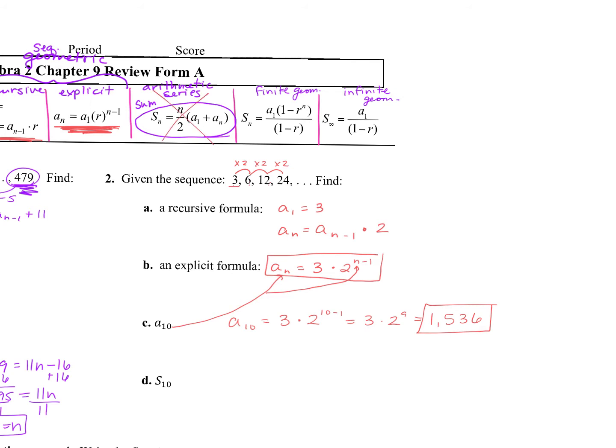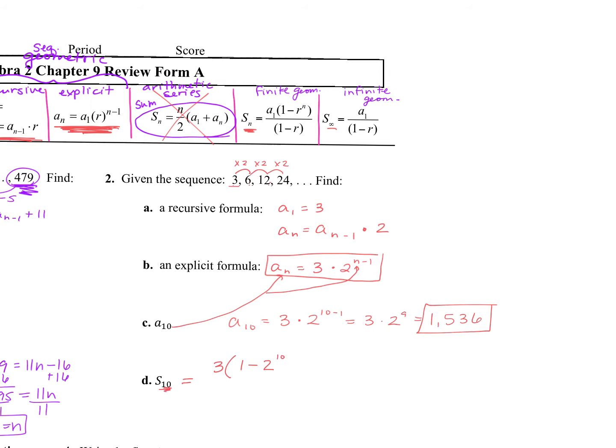Okay, now if we want the sum of those 10 numbers, this was a geometric, so we're not doing this one. We're doing the sum of a set amount, not to infinity, so we're going to do this one. This is a finite geometric series. So this one is going to be our first term, which is 3, times 1 minus our rate, which is 2, to the nth power, and we're doing the 10th, right?